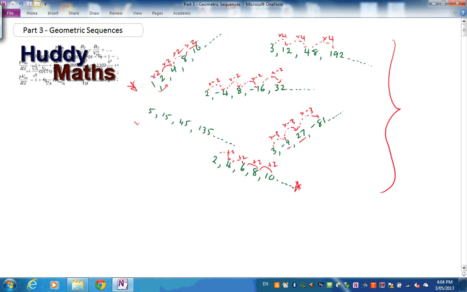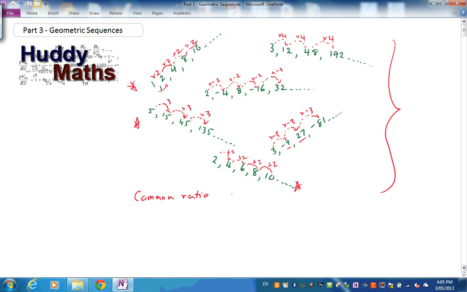What about over here, this one? 5 times 3 is 15. 15 times 3 is 45. 45 times 3, 135. So welcome to geometric sequences. What they have is a common multiplier, or there's a common ratio between terms.